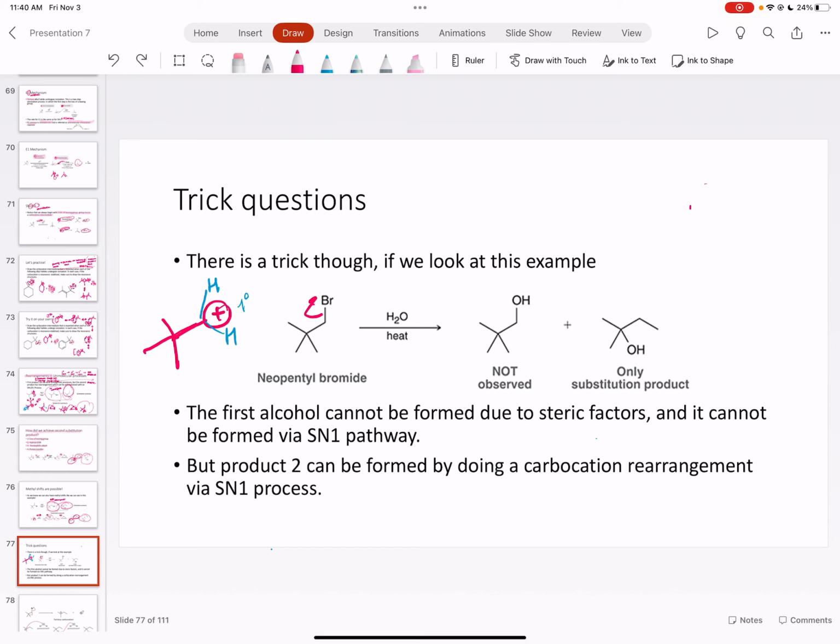The thing is that now we're gonna start thinking we can do E1, E2, SN1, or SN2. So with SN2s or E2s, we normally have negative charges placed into them.